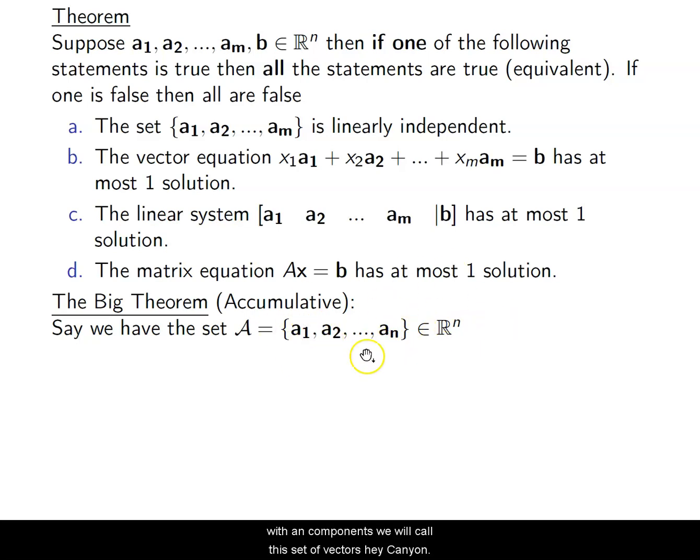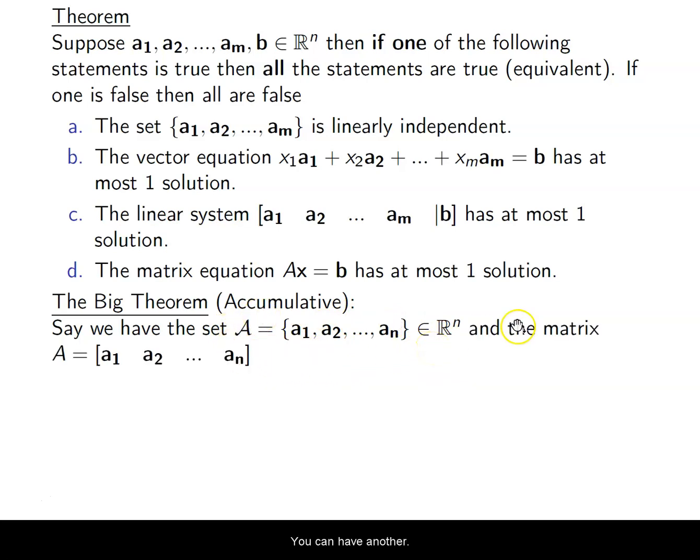We will call this set of vectors A. In fact, this is a fancy A because we're going to have another A where we create a matrix out of these vectors. We're going to take these n vectors and use them as column vectors to create a matrix. So this will have n columns and n rows, so it will be an n by n matrix. Again, we'll get into matrices in the next video.